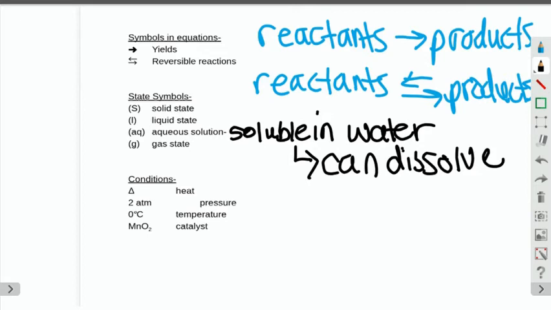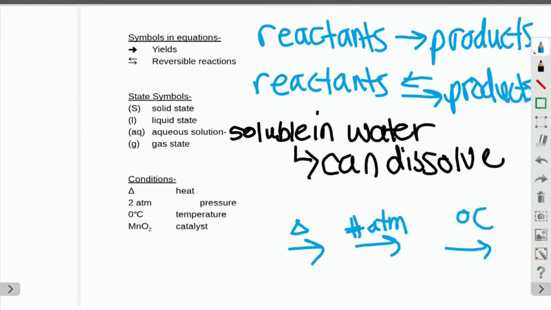So there are some symbols that can be added on top of the arrow or the yield arrow, like a triangle, a number, an ATM, a temperature, and then the term MnO2.